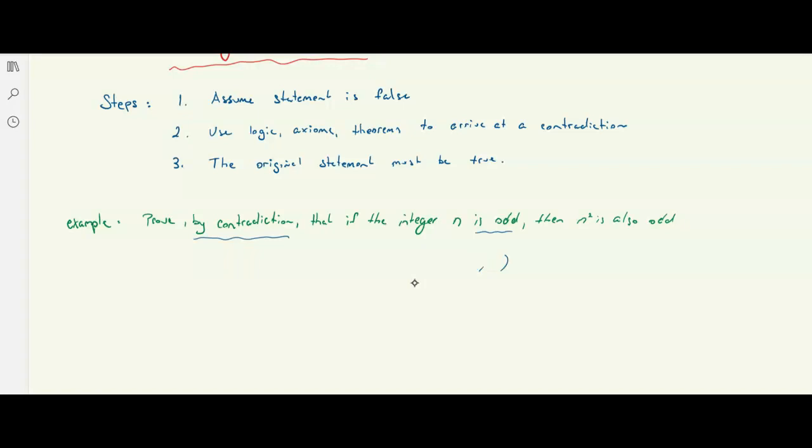Now, if this didn't say prove by contradiction, if it just said prove that if the integer n is odd, then n squared is also odd, you would just proceed and say, okay, well, n is equal to 2p plus 1.